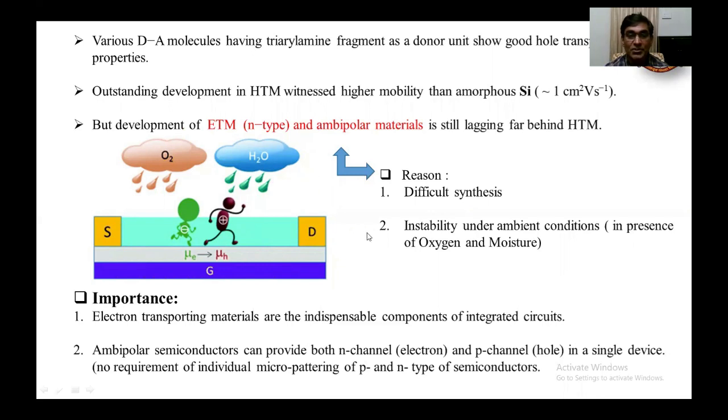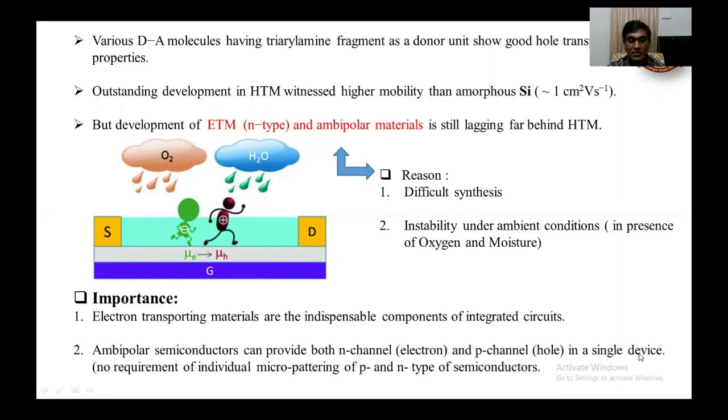That's why n-type and ambipolar materials, that is the electron transport materials, are indispensable components of integrated circuits. Ambipolar semiconductors can provide both the n-channel as well as the p-channel, that is the hole, in a single device. So there is no requirement of separately using p-type and n-type semiconductors.